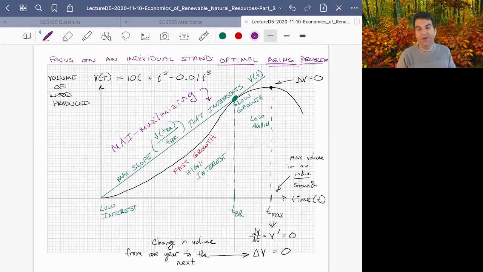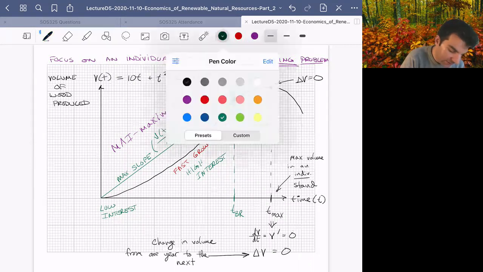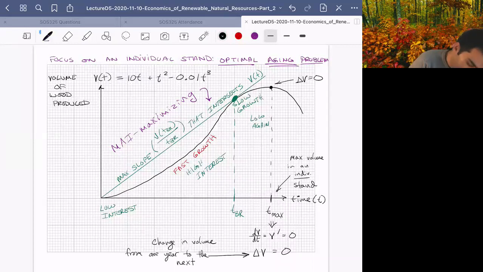So can we get a better idea of what's going on there? Well, if you think about the tangent curve here to this slope, this MAI maximizing condition is effectively the condition that the derivative of the volume, or the delta V, which is approximately equal to the change in volume from year to year, is equal to the MAI.